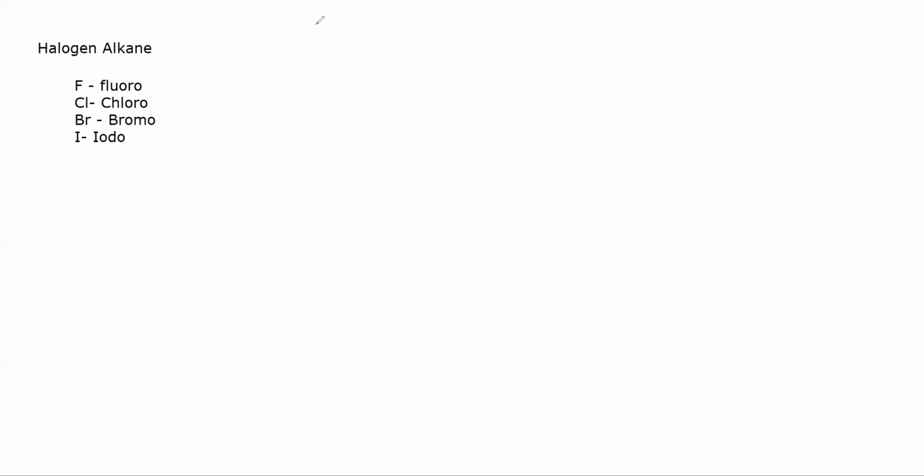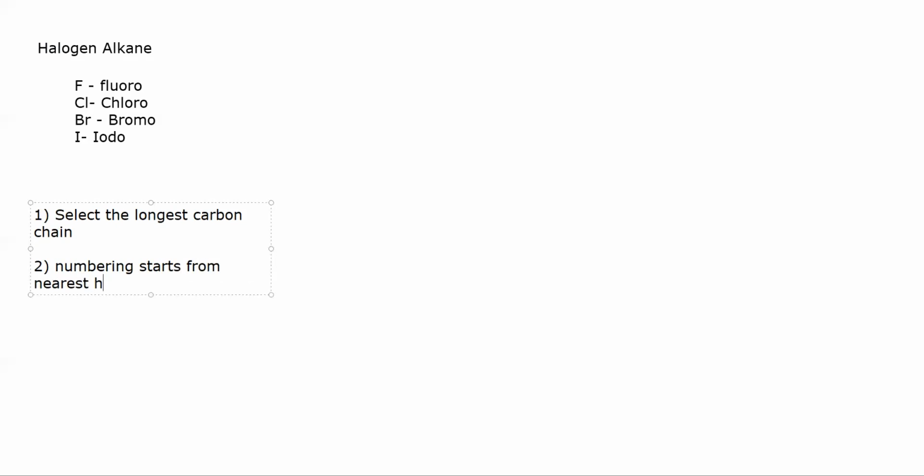The rule is the same way. We'll select the longest carbon chain. Numbering starts from the nearest halogen, then the prefix for carbon, and AN for single bond.